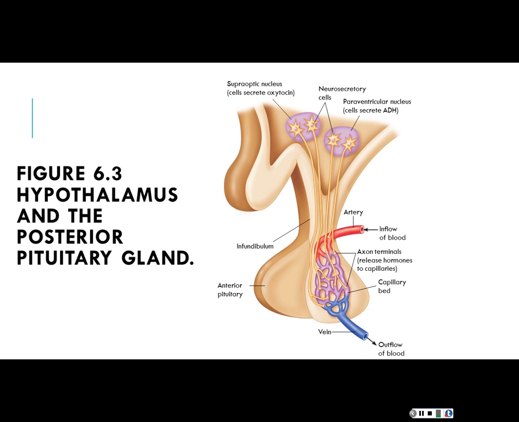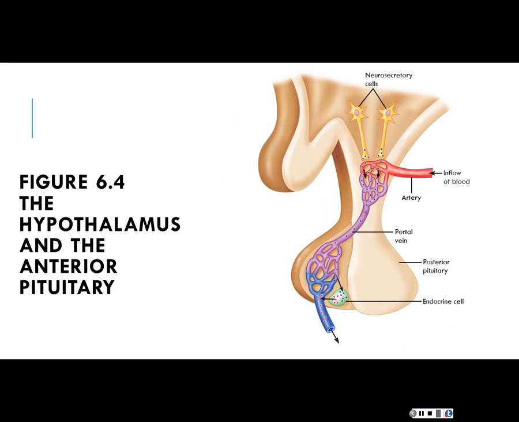Let's now contrast that to the relationship of the hypothalamus and the anterior pituitary. So it looks like figure 6.4 will show you. You should be able to see something pretty different right now. Let's see a vein where? In the what?